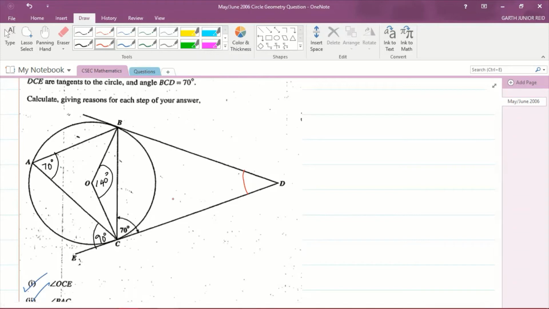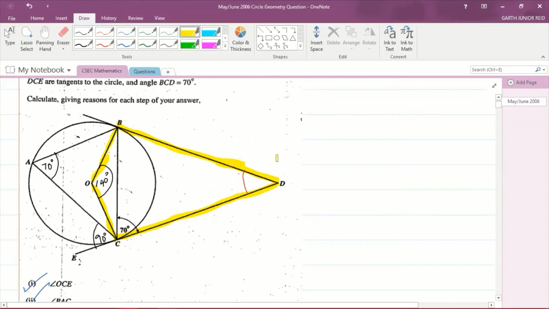Well, one thing which stands out to me is this shape here. I'm going to highlight the shape in yellow. So this shape here. Now, what is that shape?